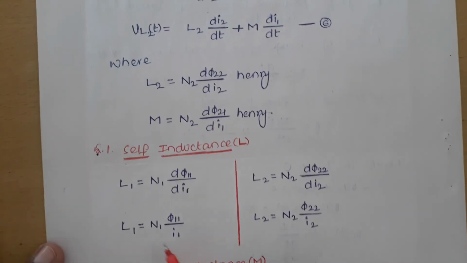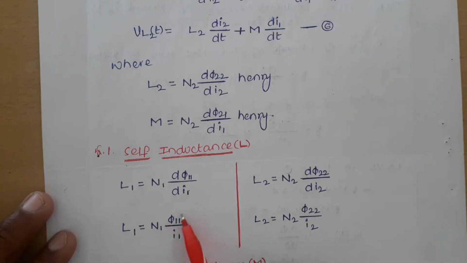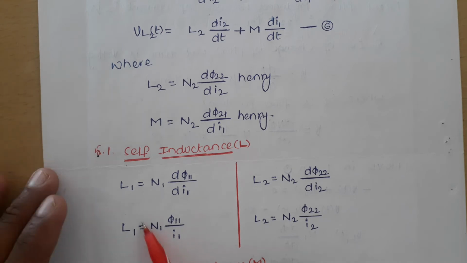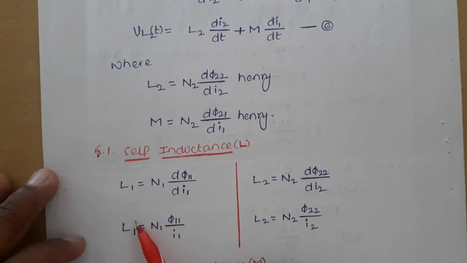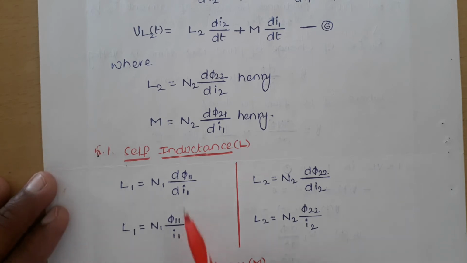Here for self inductances, there are three terms: number of turns, flux and current. If all three terms are related to the same coil, then that is called self inductance. Here L1 is the self inductance of coil 1, N1 is the number of turns of coil 1, φ11 is the flux which is touching only that coil, and I1 is the current flowing in coil 1.